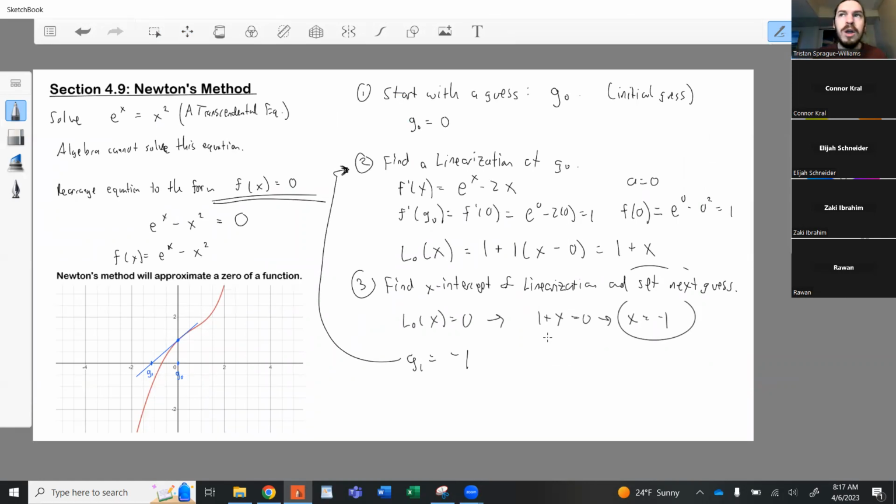For those of you who are computer science majors, this is an algorithm, so it has a loop in it. You just take the previous output and plug it back into the loop and then run it again. It's going to take this guess value and keep updating the value of the guess.